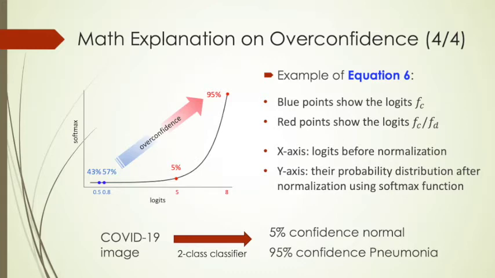See blue points in the figure. With f_c(X) divided by f_d(X), these two numbers become 5 and 8. See the red points on the x-axis. After softmax normalization, 5 and 8 become 5% and 95%. This is exactly how overconfidence happens. The model makes wrong classification but with very high confidence.